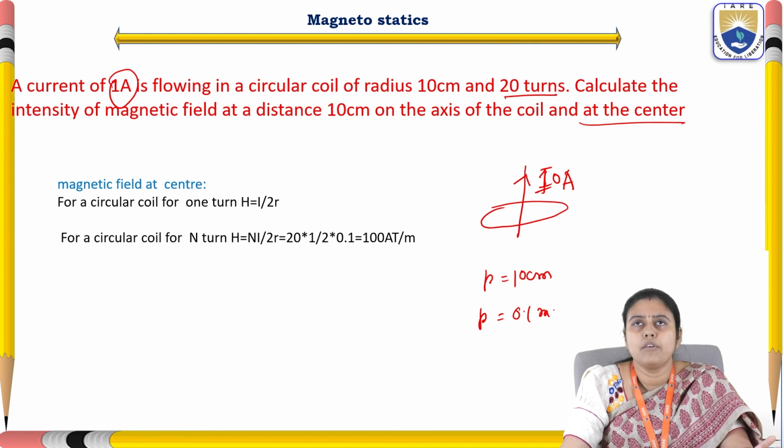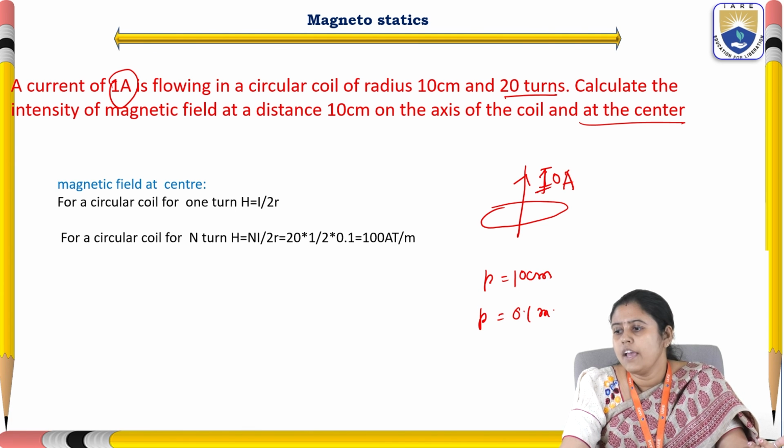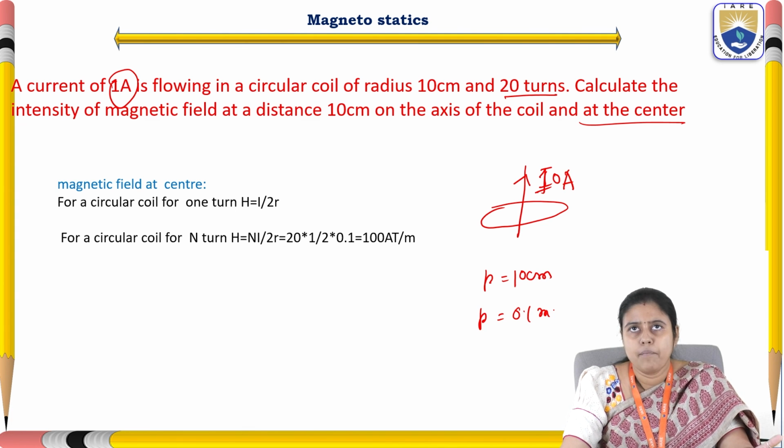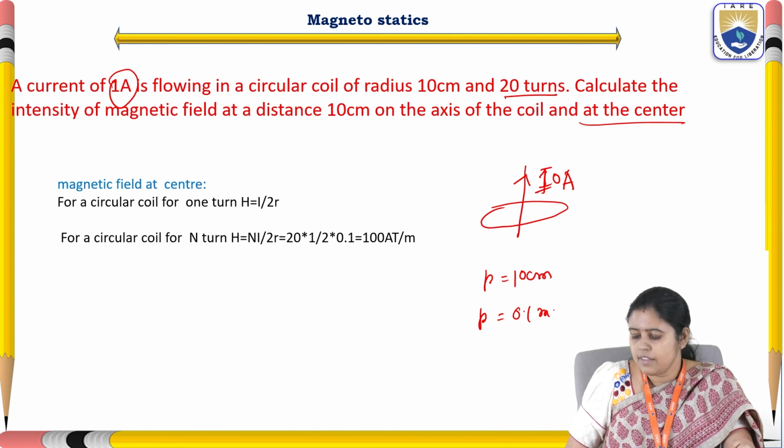Then we discussed the types of magnetic material like ferromagnetic, diamagnetic and non-magnetic according to the permeability of the medium. Then we have discussed the Biot-Savart law, one application of the Biot-Savart law, Ampere circuital law, Maxwell's second equation and Maxwell's third equation. So this is up to today's class.